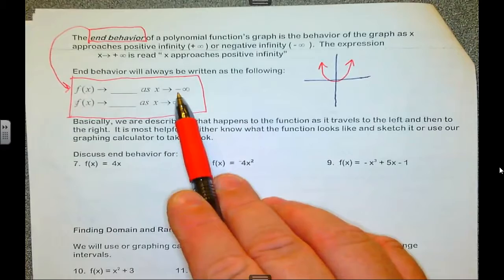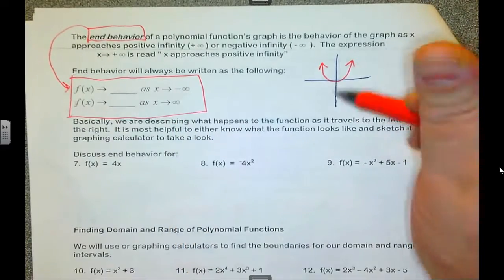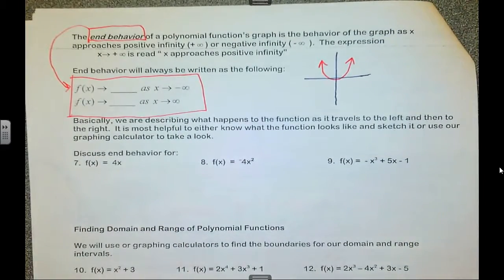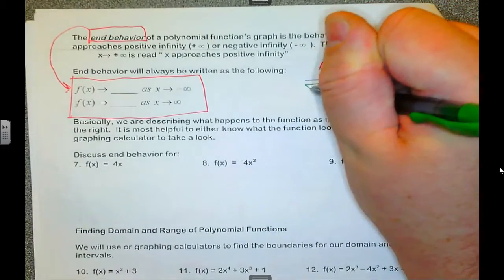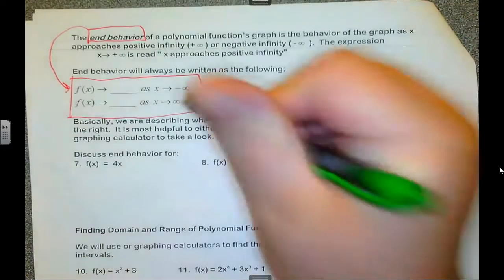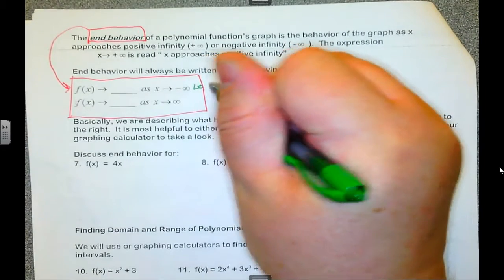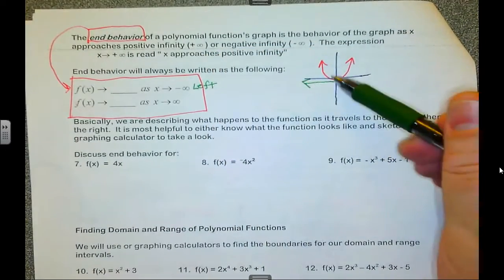So as x goes to negative infinity, or in other words, as x goes to negative infinity to the left, what's happening to my y?